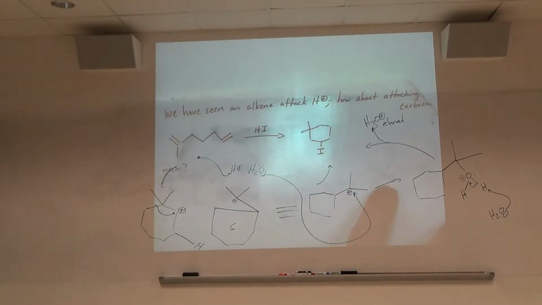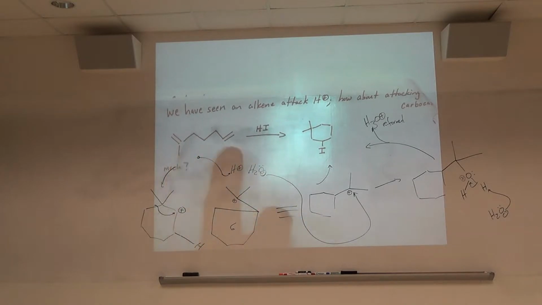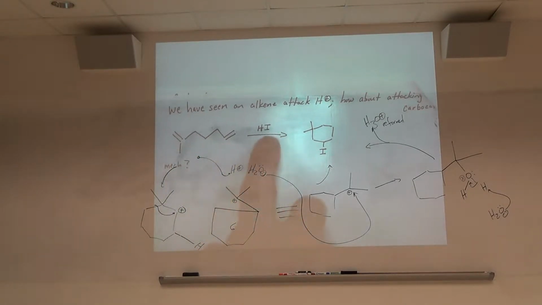Let's look at this mechanism. This has two alkenes. React this with HI, we get this product. How in the world does this happen?